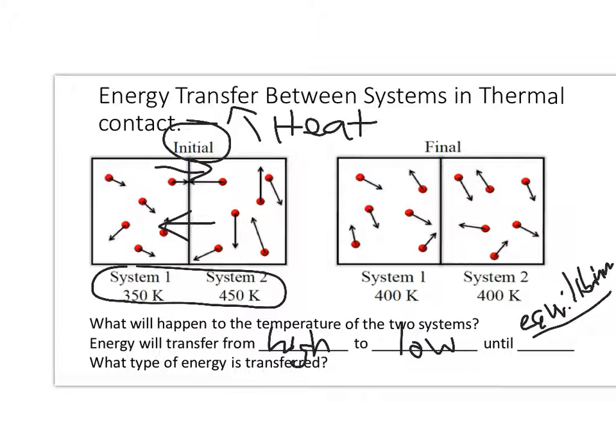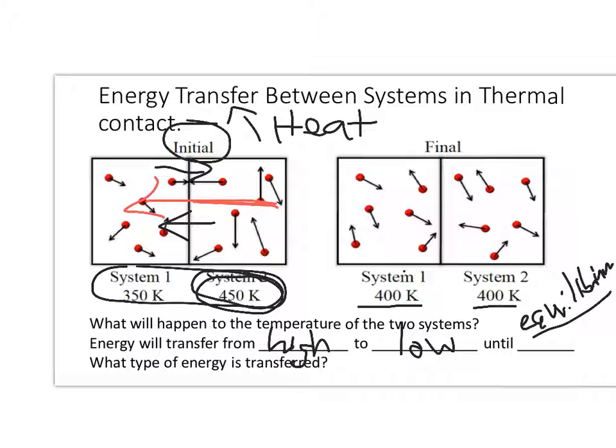So here you can see this, right? Eventually we reach a place where the temperatures of both systems are the same. Now what's happening is this, right? Because we have energy being transferred here and we have a higher temperature at 450 kelvins, energy moves from this system over to this system, right?